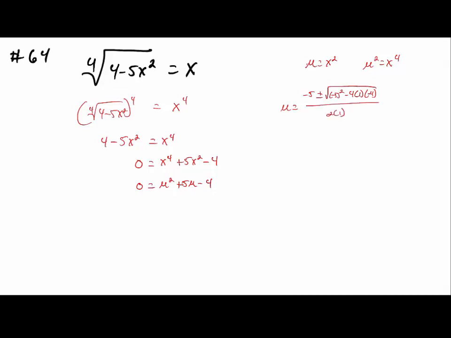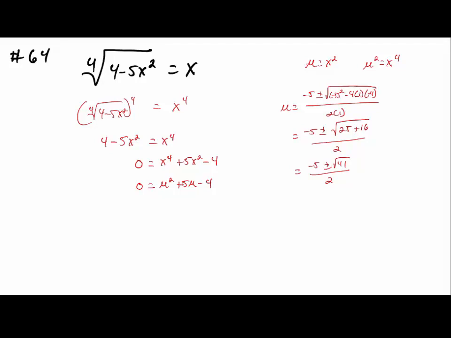So we're going to just do this for a little bit, and then we're going to replace it with the x squared to kind of make life a little easier. So this is going to be -5 plus or minus the square root of 25 plus 16 over 2. And so what I'm going to have here is -5 plus or minus the square root of 41 over 2.